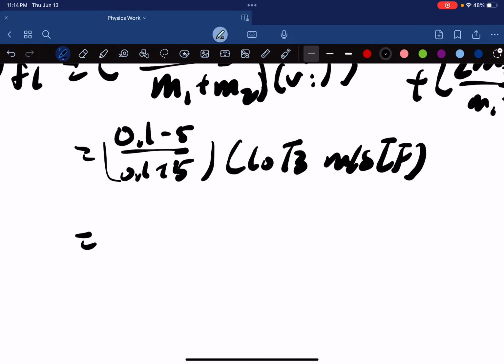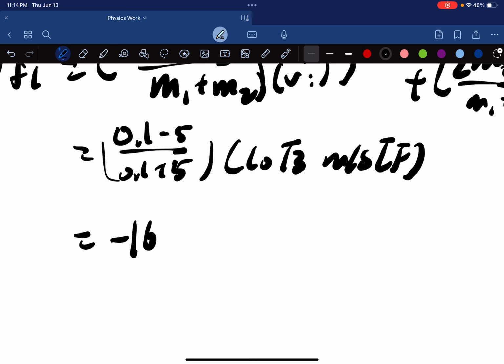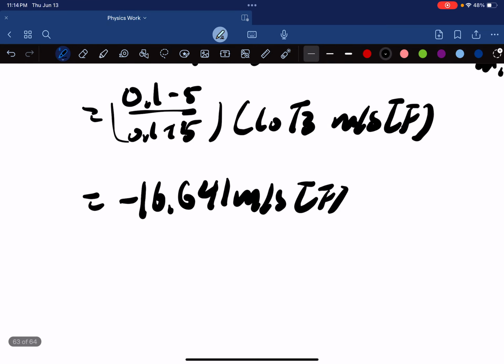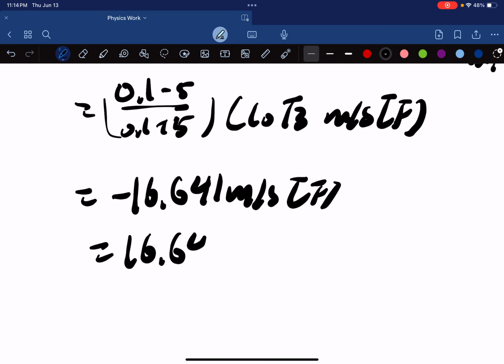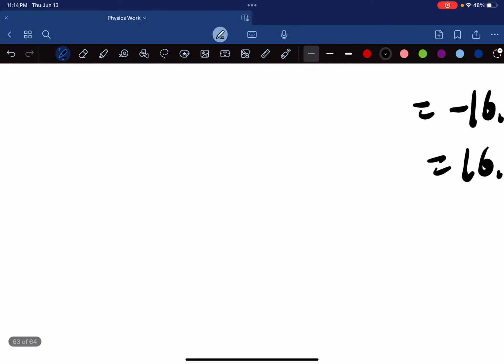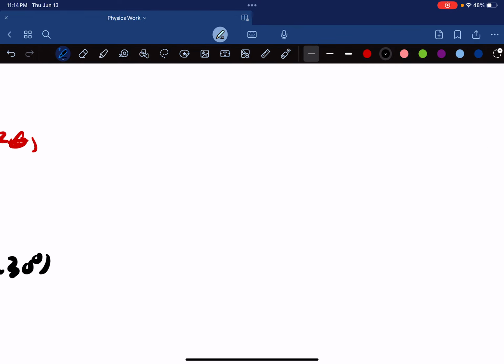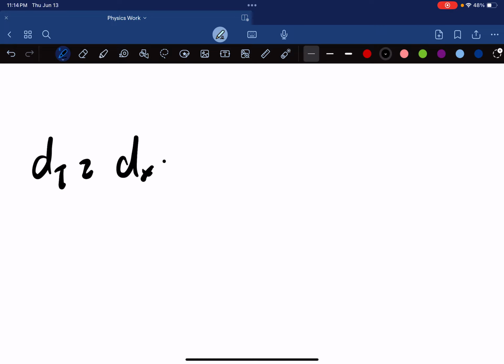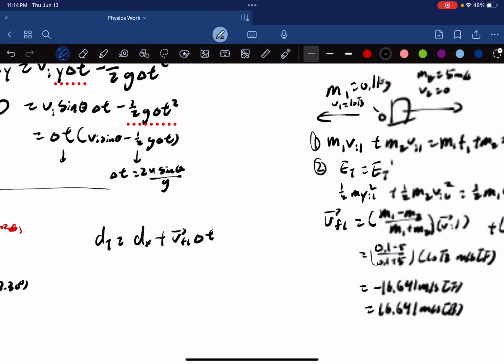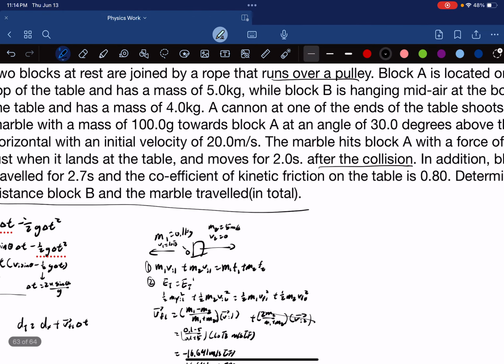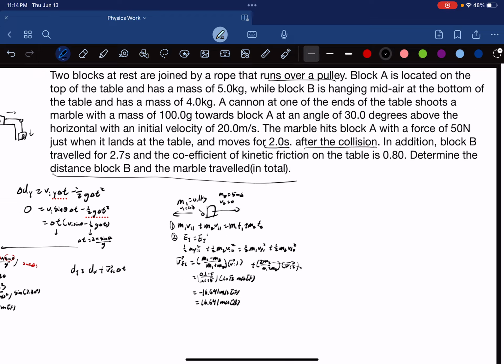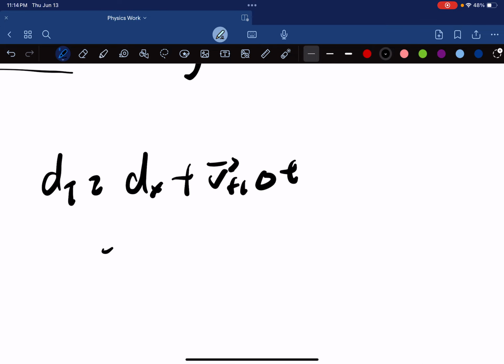We will eventually get the value, which is negative 16.641 meters per second forward, which just equals 16.641 meters per second backwards. Now, to find the distance for the marble, it's just the distance from the cannon itself, plus the distance the marble moves after the collision for 2.2 seconds.